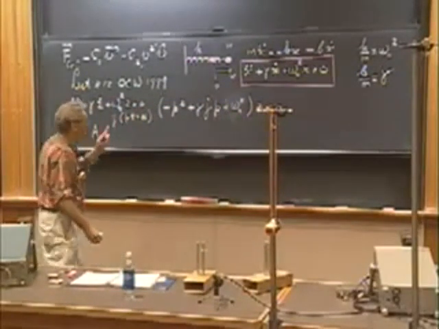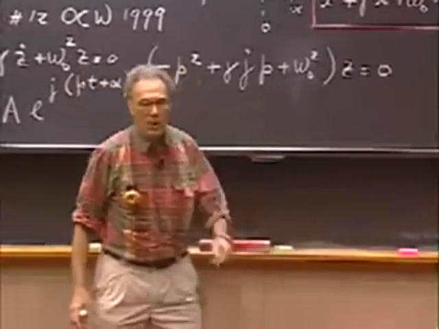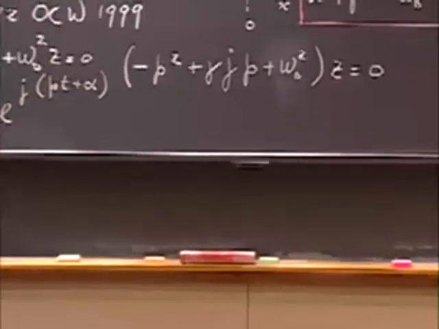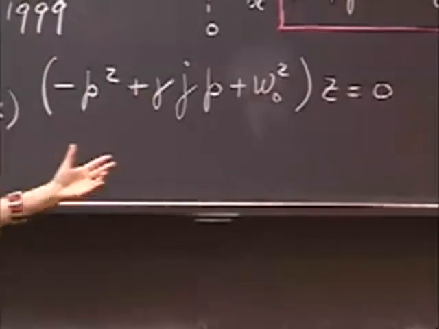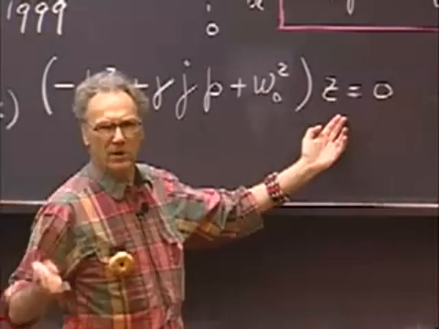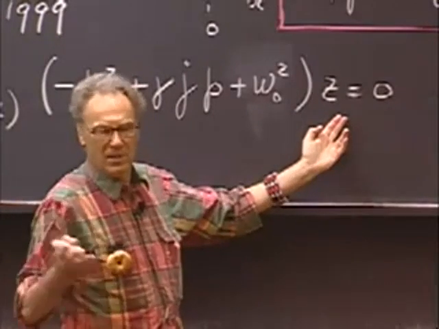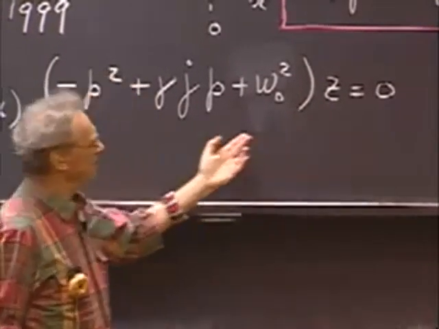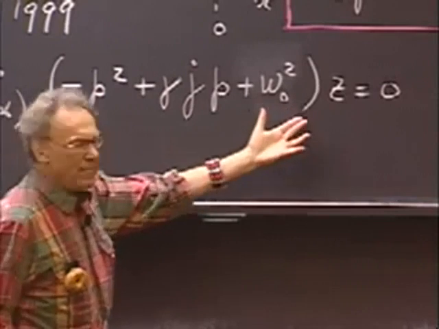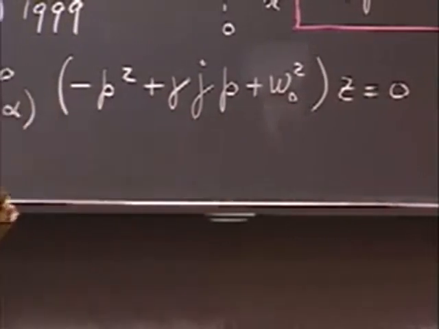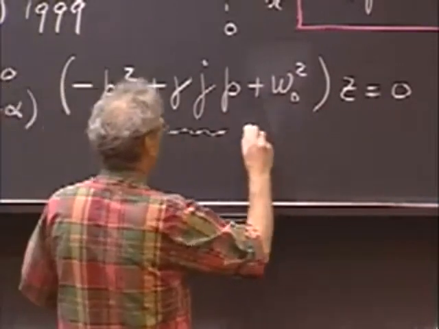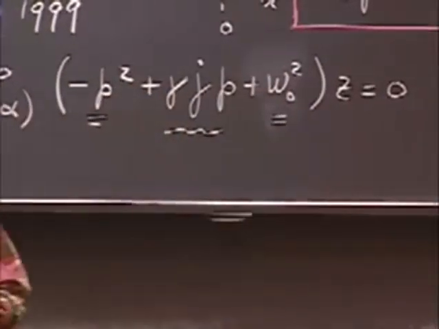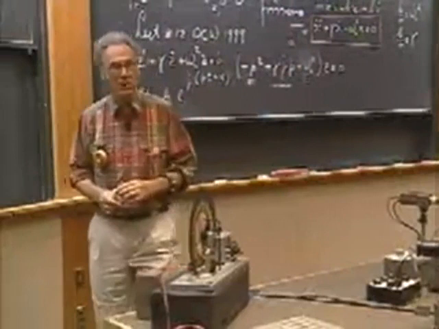Well, if you have an equation like this, you may think it's one equation, but it really is two equations. Because if something like this has to be 0, and of course z equals 0 is not an acceptable solution, because that's the oscillation. If you have an equation like this, which has a real part and an imaginary part, then both must independently be 0.